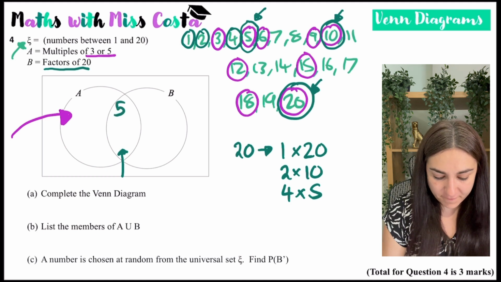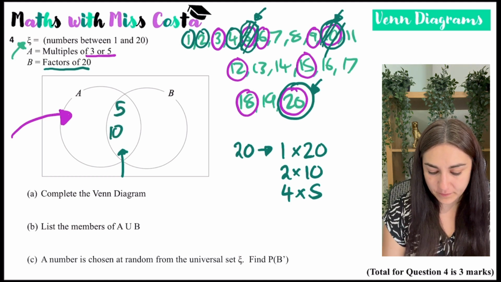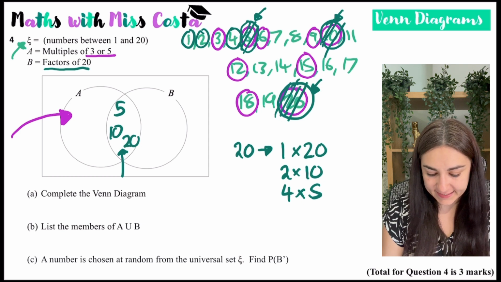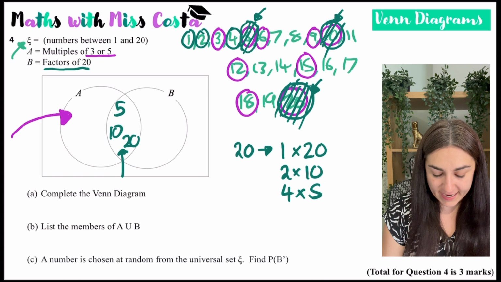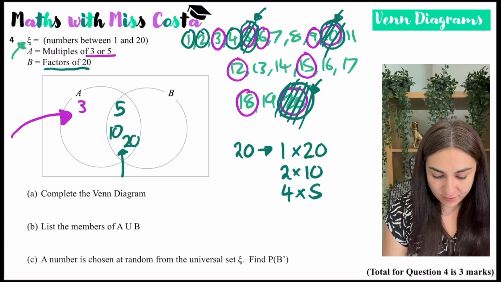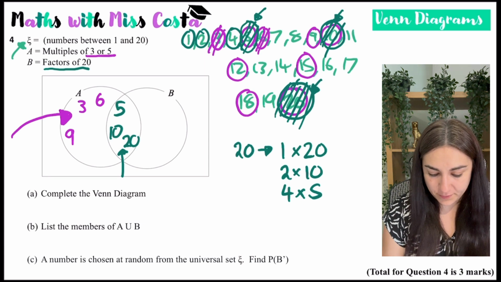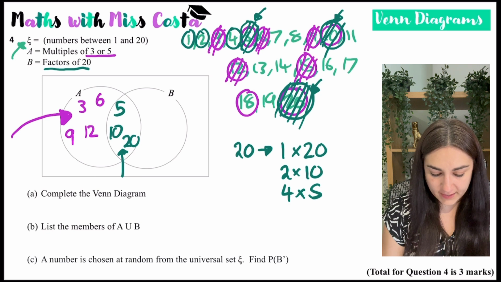So I'm going to write 5 and cross it out just so I don't forget, 10 and 20 in this intersection here. Then everything else, all the numbers that are part of A, I've circled them in a different colour so I can conveniently just write them in. That would be 3, 6, 9, 12, 15, and 18.